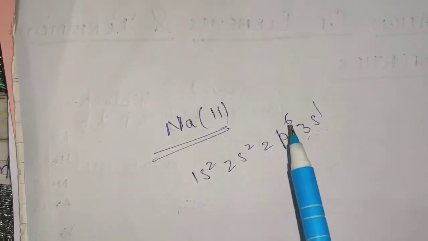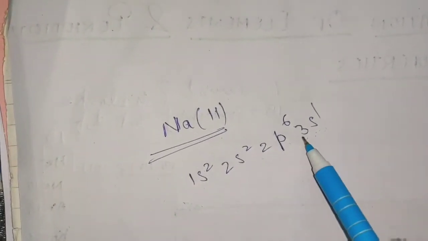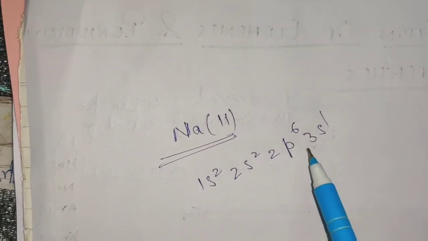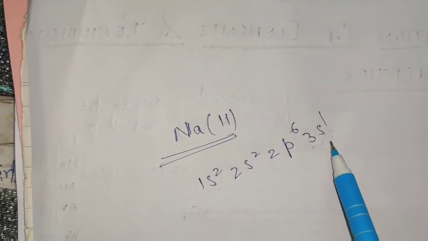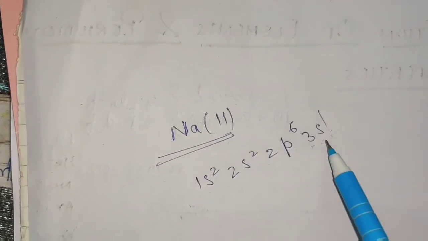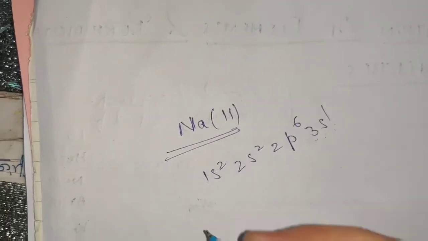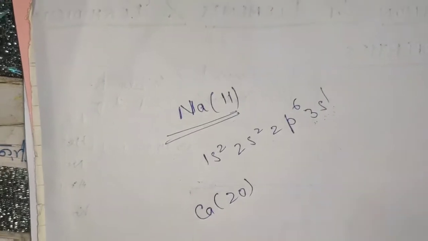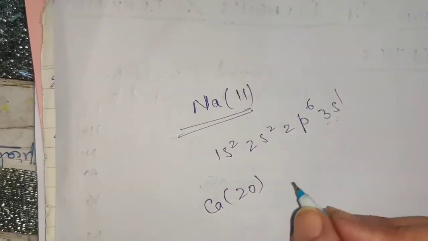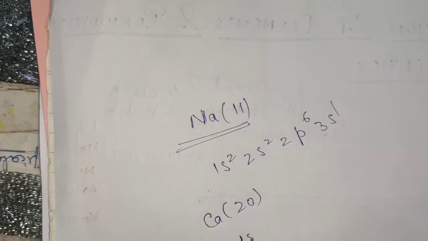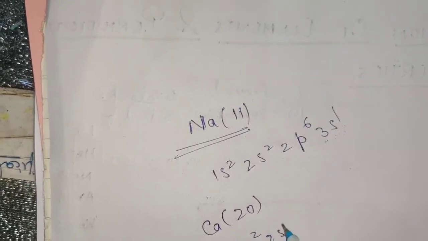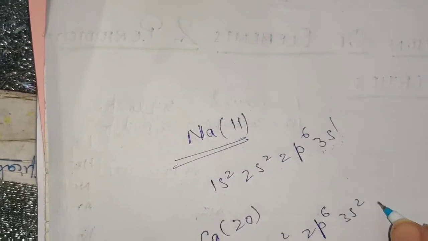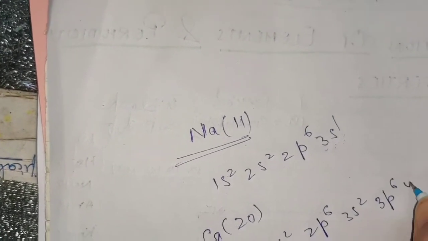So wherever you see that in any element the last electron is entering into the S subshell of the last shell, it falls under the S block category. Now taking another example of calcium, atomic number 20. When you write down the electronic configuration, you will find it is 1s2, 2s2, 2p6, 3s2, 3p6 and 4s2.